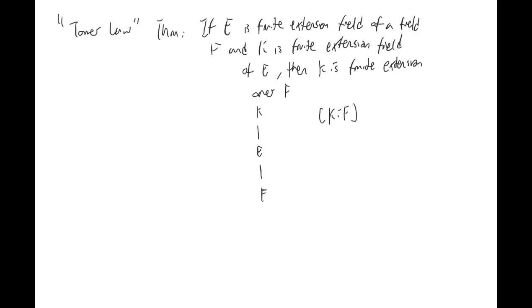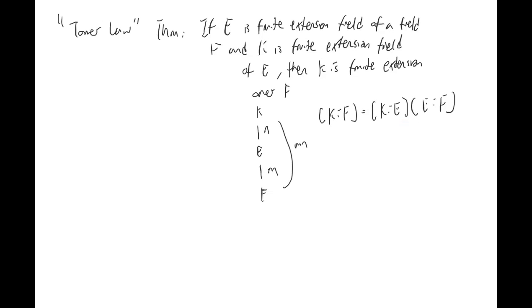What's the degree? It's the product. So it's K over E, E over F. Think of it as these two cancel and you get K over F. For example, if this was an extension of degree M and this is N, then the extension of the whole thing is MN.